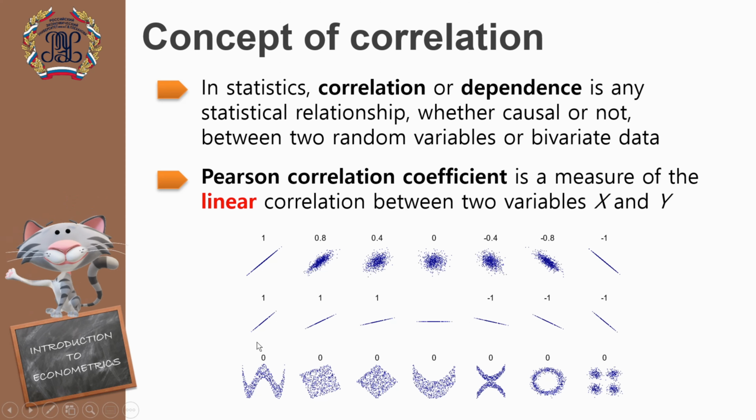But if we take a look at the bottom row, we see that though the data is clearly dependent, the Pearson correlation is still 0. So that means if you get a 0 Pearson correlation coefficient, it doesn't necessarily mean that you have no connection between x and y. That clearly states that it doesn't have a linear connection, but there may be some other one. That's why it may sometimes require additional analysis of your data.